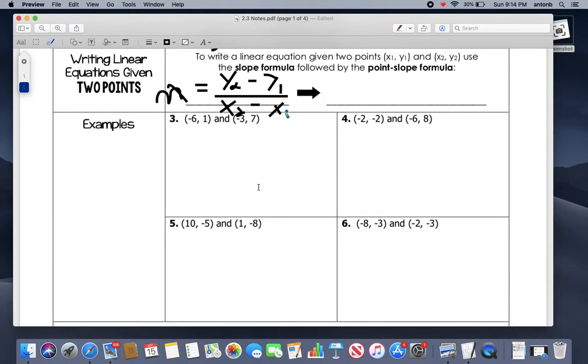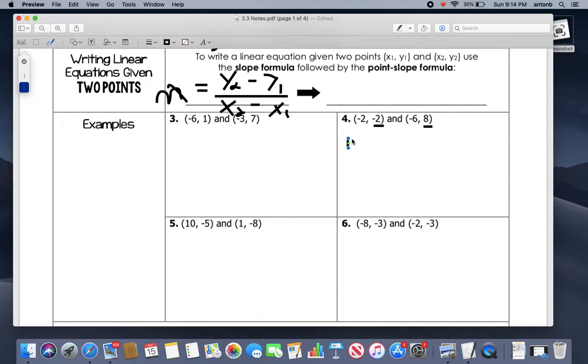Let's try number 4. First thing, you find your slope. So you do y2 minus y1. 8 minus negative 2 is really 10.